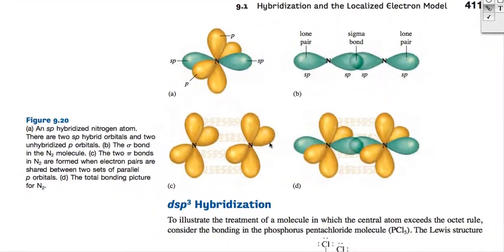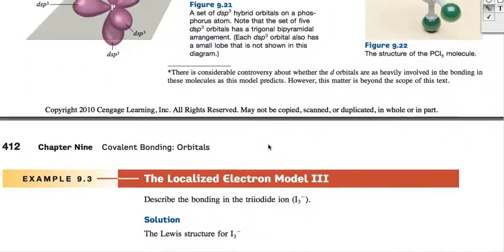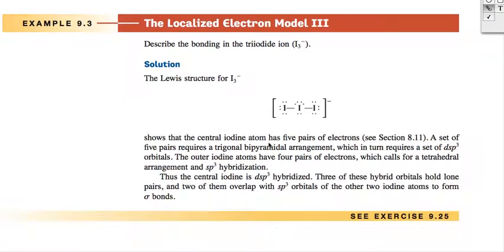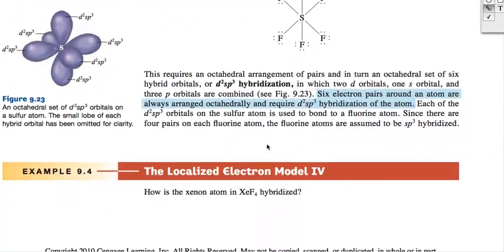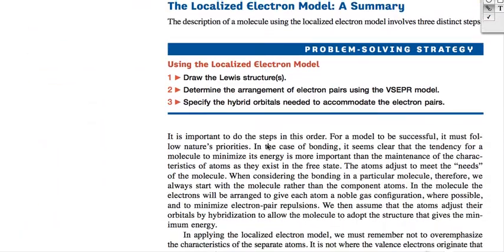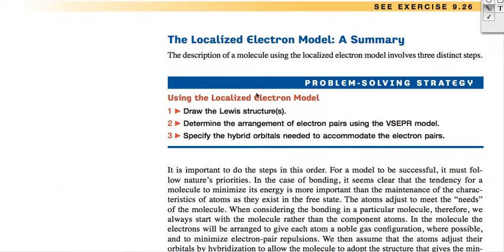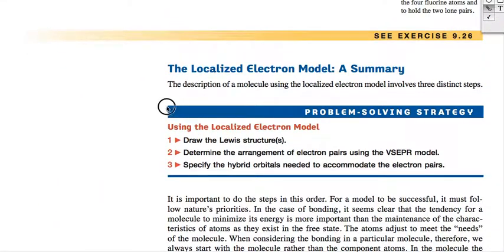The other model has to do with energy levels. I'll just mention here really quickly, this is a nice little summary for you. How do you come up with the different hybridized models? Well, you have to draw the Lewis structure of your molecule.